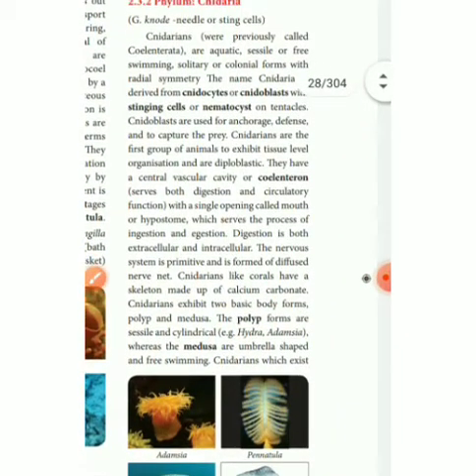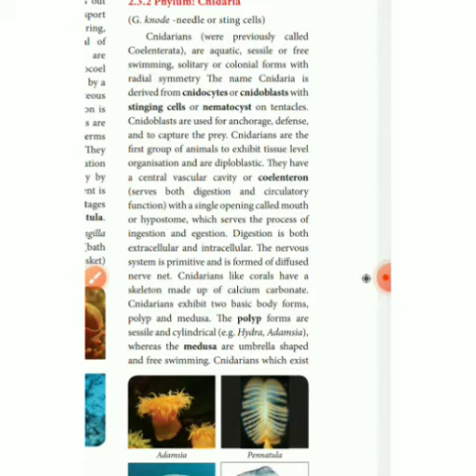Now we are going to see the phylum Cnidaria. Nematocysts or stinging cells are seen here. Cnidarians were previously called coelenterates. So now we call them Cnidaria, but previously the name was coelenterate. These are aquatic, sessile or free swimming animals.